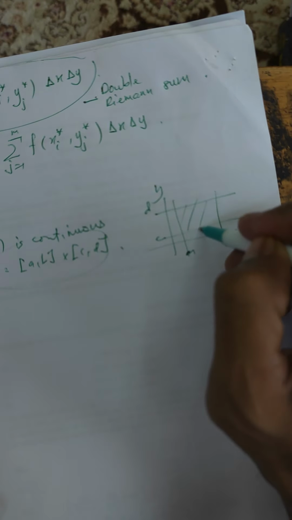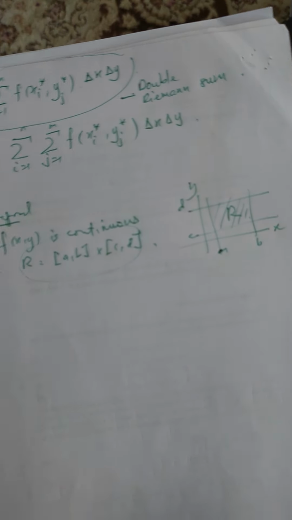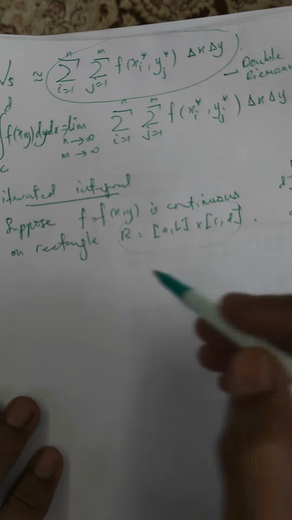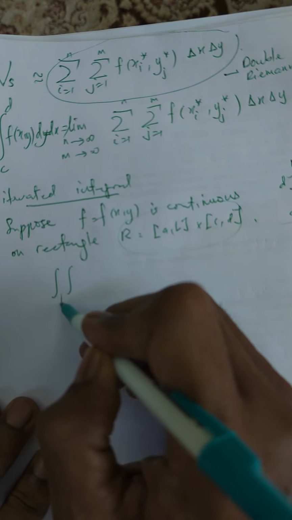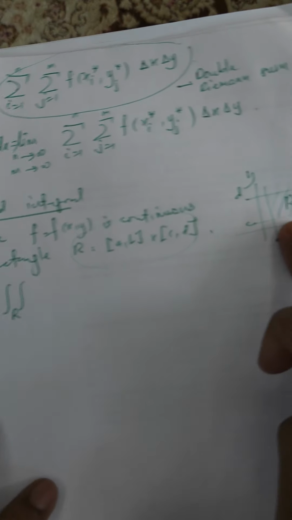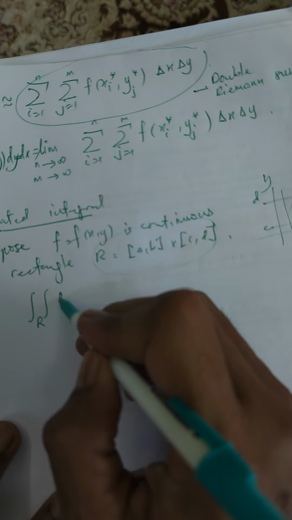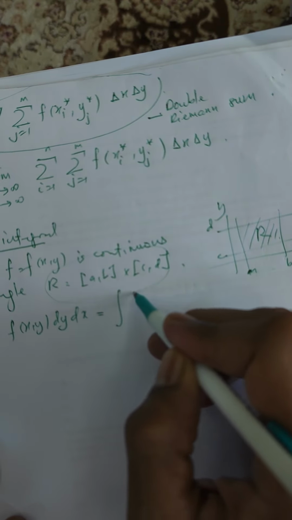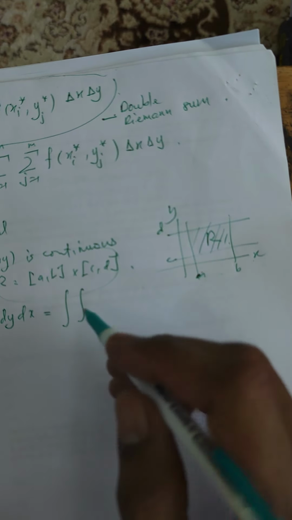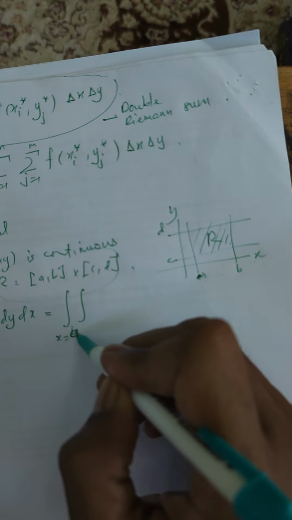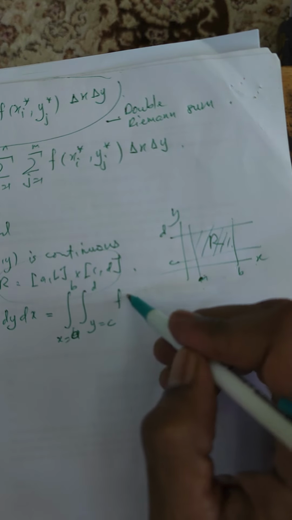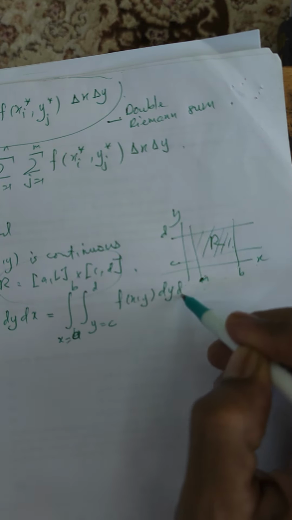So this is our R. In this case, if we integrate over region R, for f(x, y) dy dx, what we actually do is integrate with x from a to b and y from c to d, the function f(x, y) dy dx.